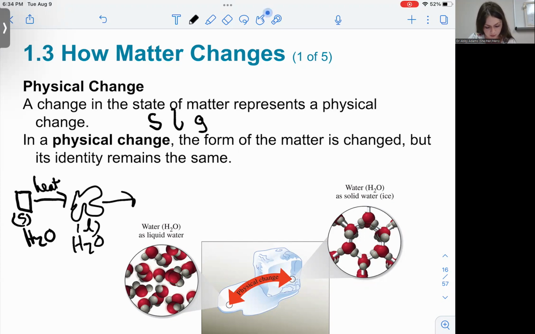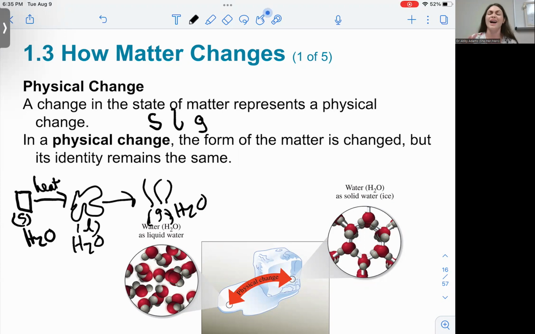There's no chemical change. And then if that becomes steam, that's still H2O, right? So that's what I mean by a change in the form. That is the physical change.